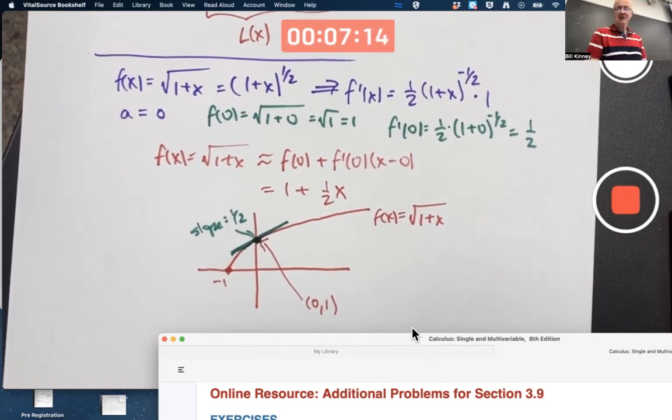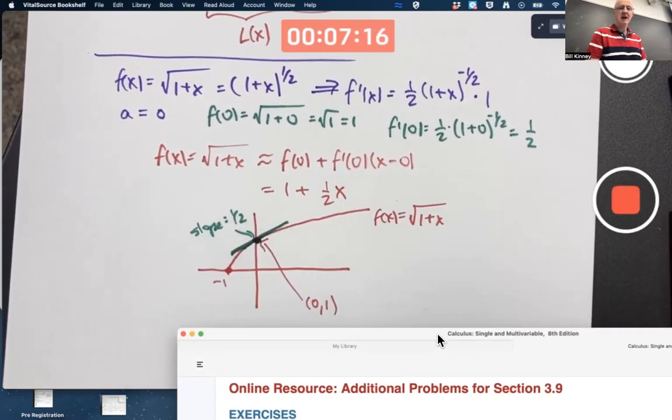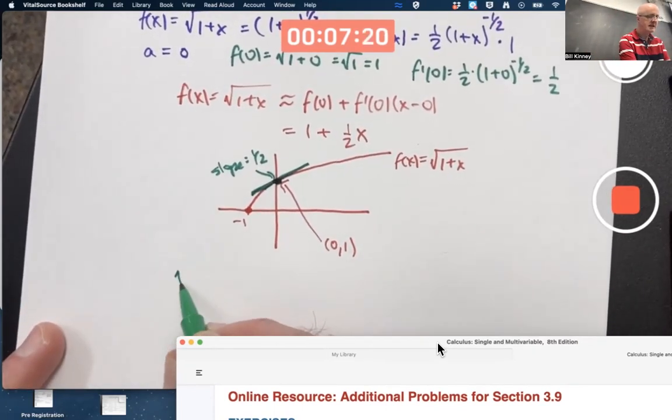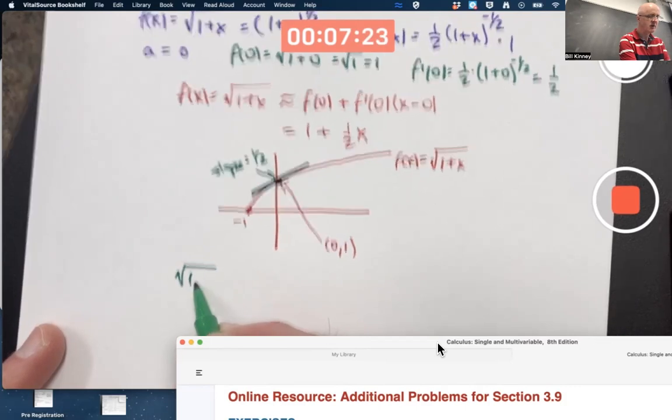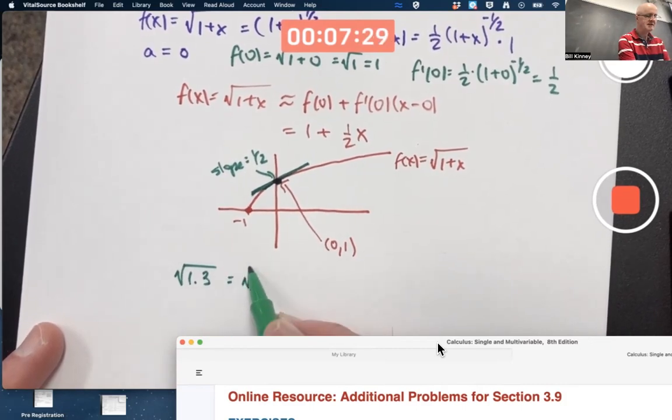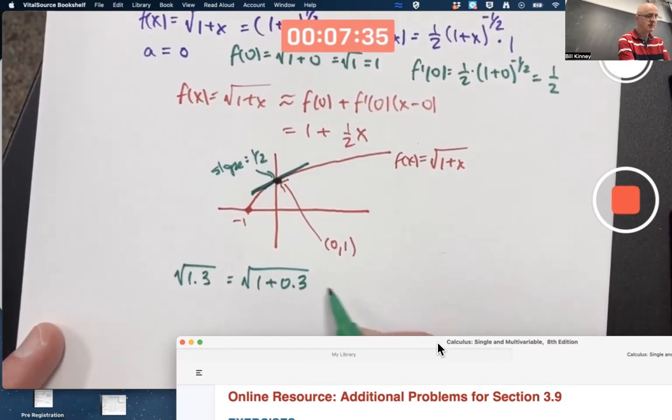You're not asked to do this, but we could use this to, for example, approximate a square root. We could use it to approximate the square root of, say, 1.3. Why? Because 1.3 is the same as 1 plus 0.3. Since the function is square root of 1 plus x, this is the same as f of 0.3.